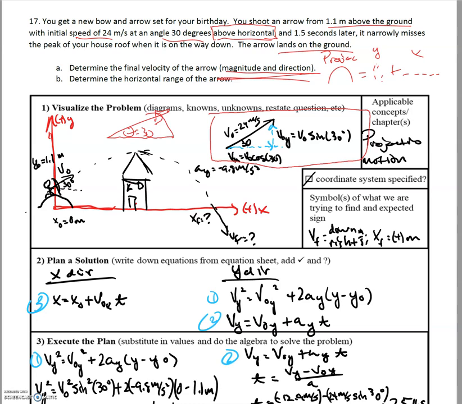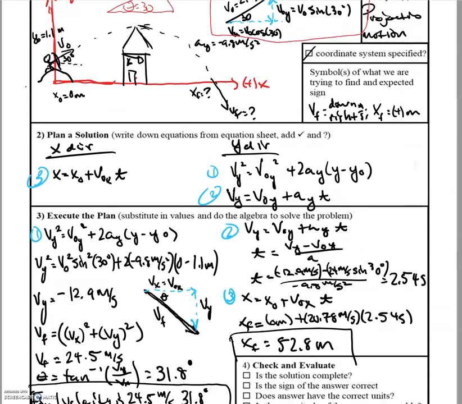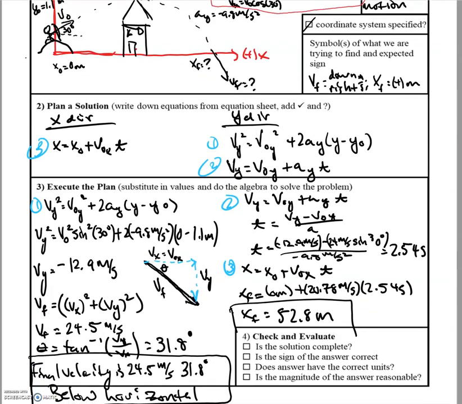Knowing all of those things, we can now move on to solving for the final velocity of the arrow. We know the initial velocity in the y direction. We know the acceleration in the y direction, as we just discussed, and we know the change in position from the start to the finish in the y direction. So we can ultimately solve for the y direction's final velocity.